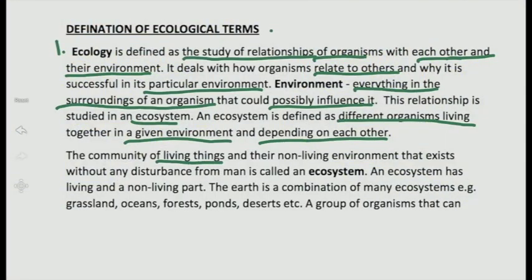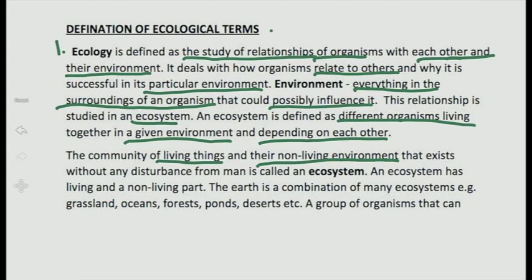These form a community. What is this community? A community of living things and their non-living environment, which means we're talking of also even the factors that affect the life, or we can talk of also what we need in order to survive.